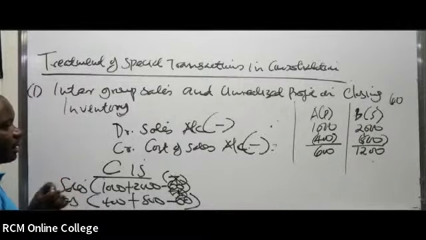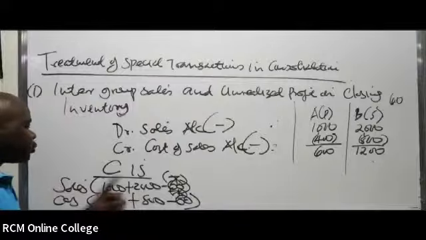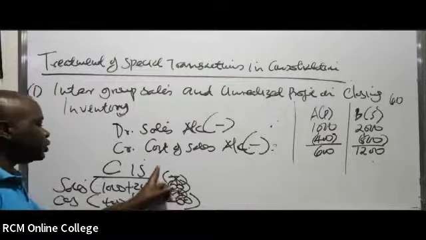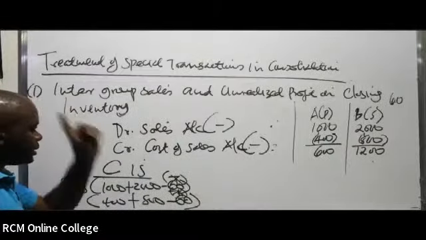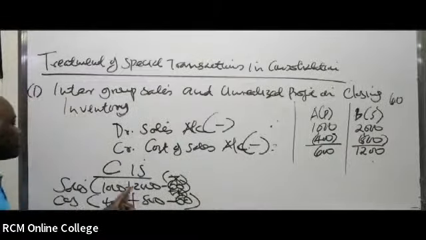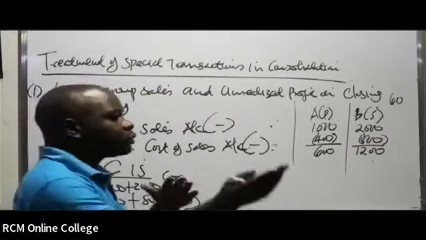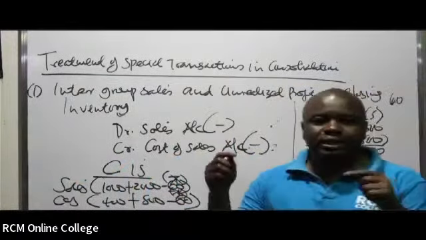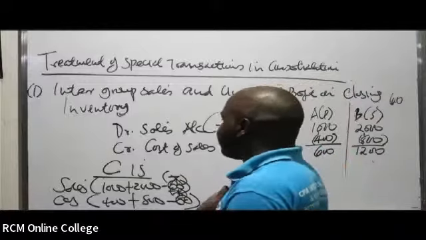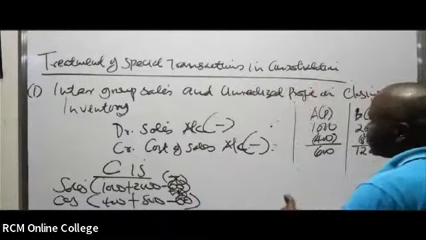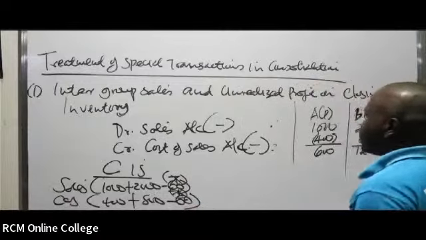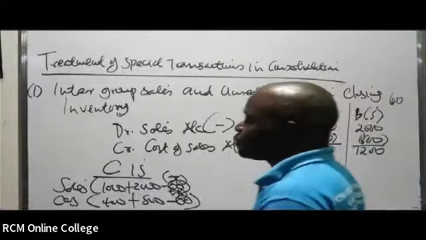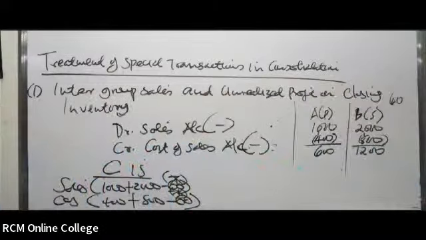There was an intercompany sale, so you add line by line, 1,000 plus 2,000, but now you eliminate it, you deduct, because that's the requirement. Also you deduct from the cost of sales. You eliminate both sides because it was a transaction within the same group. You are selling to the same member of the group, so it's not a sale outside the group.